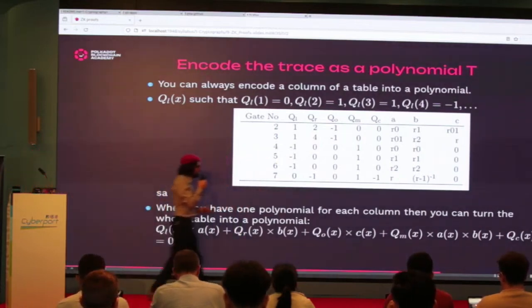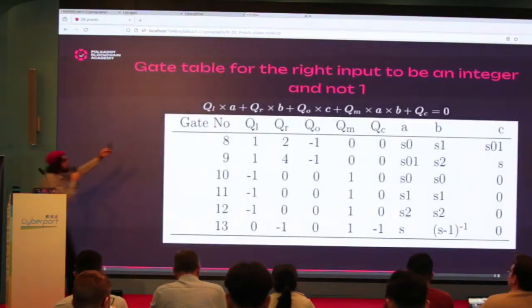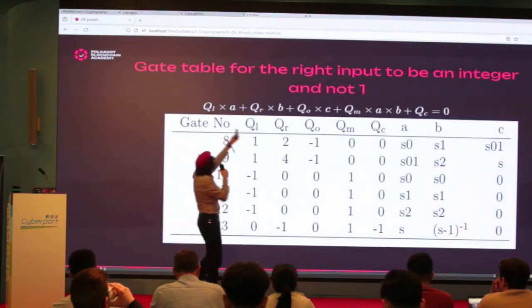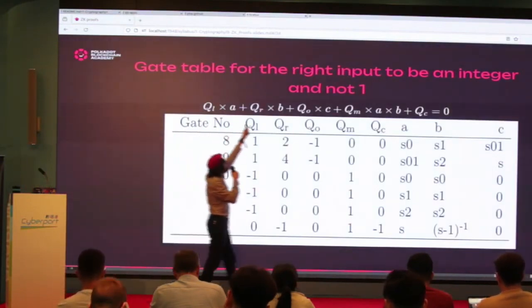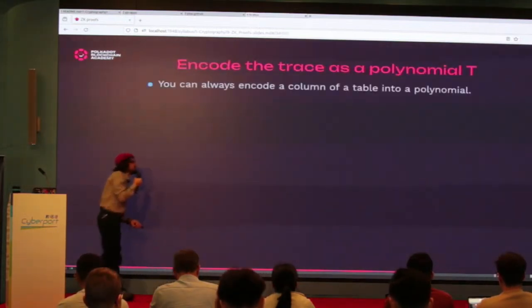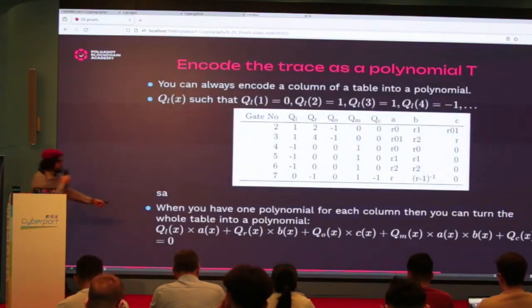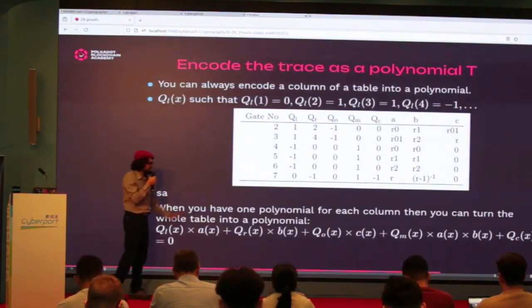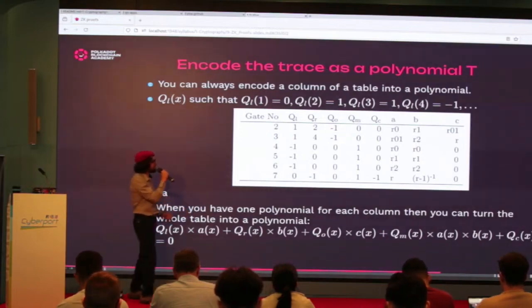Because this PLONK gate equation was valid at each of these values, when I get the polynomial for QL and the polynomial for QR, I can just replace them there. Then this polynomial equation will be valid for all these gates. If you put 1 in this, it gives you the first gate, the first relationship. If you put 2 in it, it gives you the second relationship.